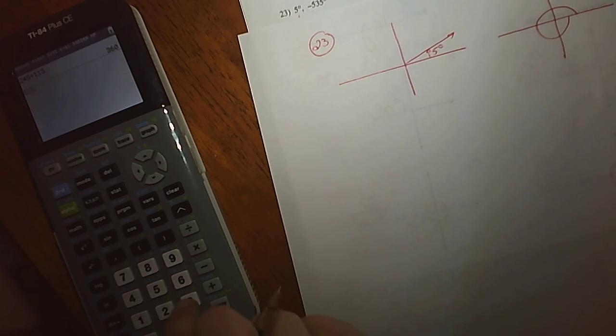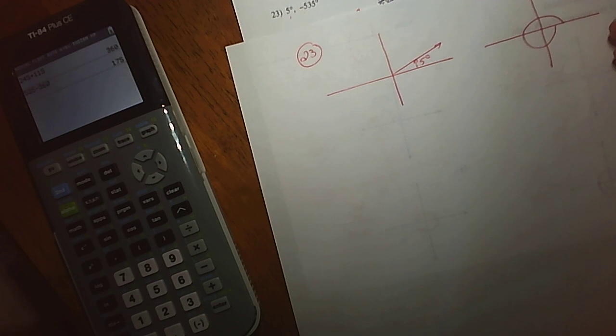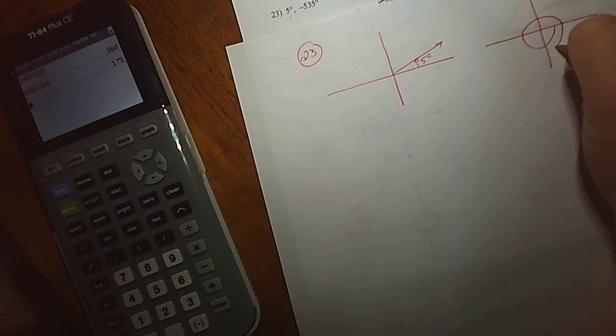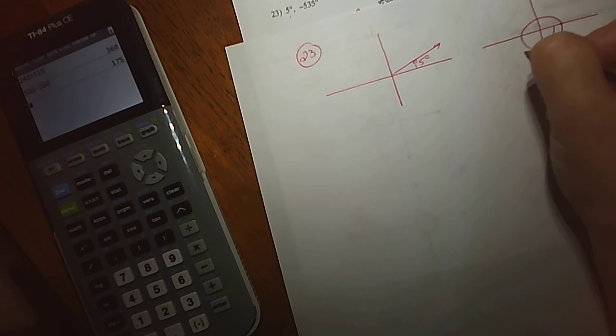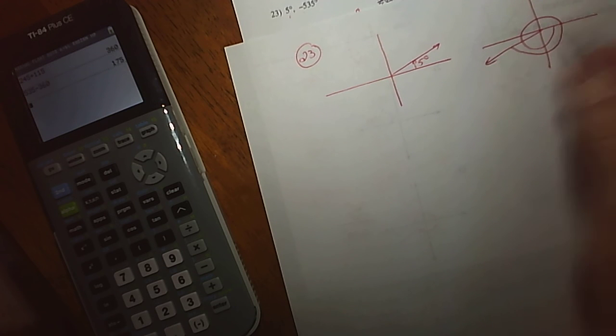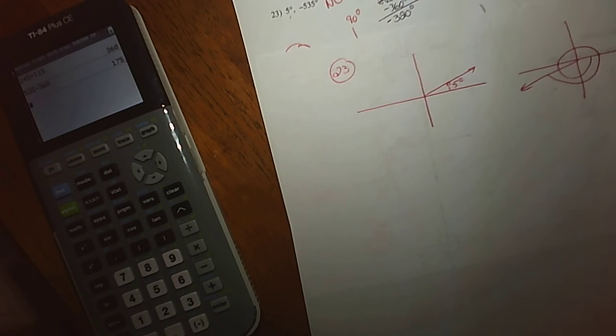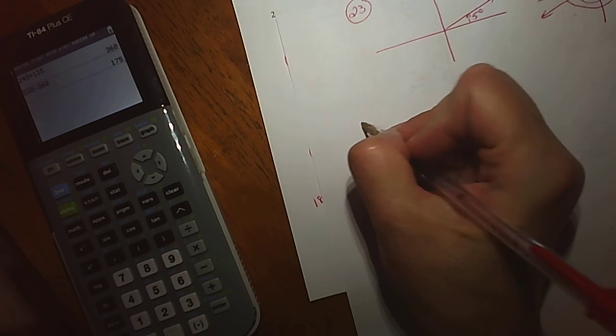So I take my calculator, do 535 minus 360, and I'm getting 175. That means we're going backwards 175. So that's back 90, and 175 would be there. Are these guys landing in the same spot? No, they're not.